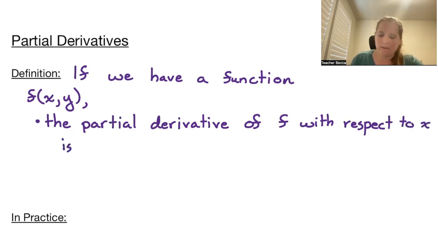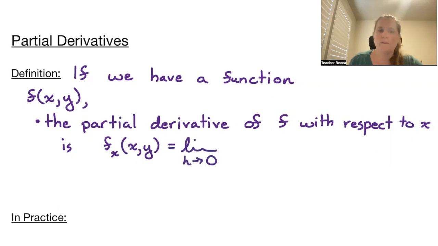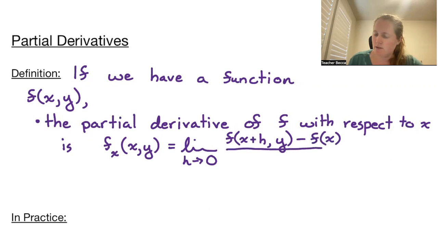is, we often denote it as f with a subscript of x, the partial derivative of x, y is equal to the limit as h goes to 0 of f of x plus h comma y minus f of x, y all over h.